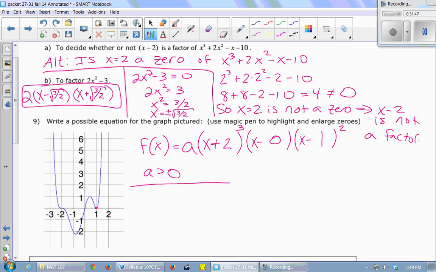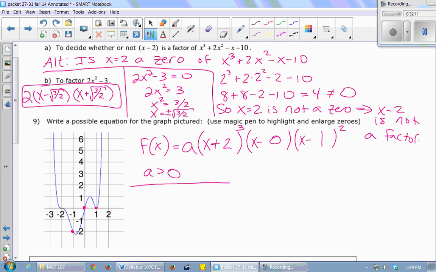Do I have another point on this graph other than the zeros? Well, I kind of use the y-intercept. Yeah, because that's one of the zeros. And the other point that I haven't used? It's hard to tell the value of that. Just any place that it crosses a grid line.